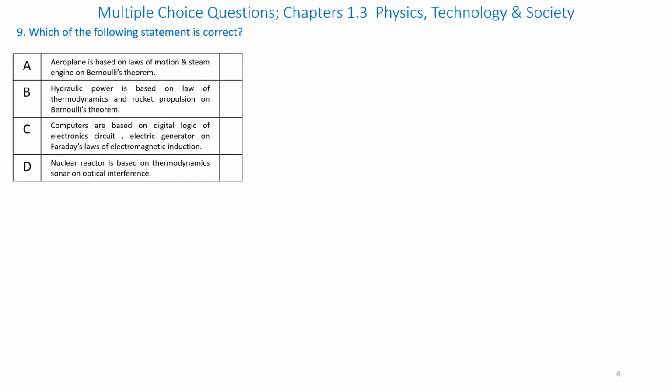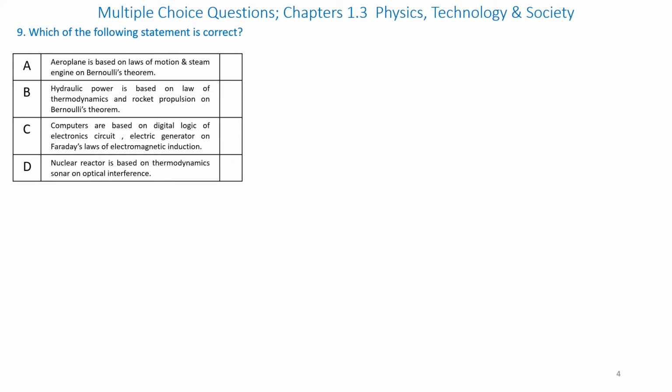Question number 9. A: aeroplane is based on laws of motion and steam engine on Bernoulli's theorem. Choice B: hydraulic power is based on law of thermodynamics and rocket propulsion on Bernoulli's theorem. Choice C: computers are based on digital logic of electronic circuits, electric generator on Faraday's law of electromagnetic induction.